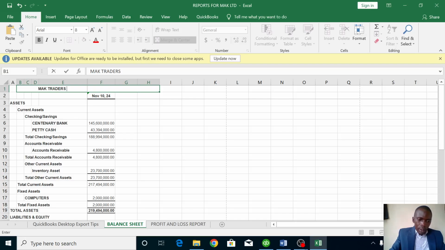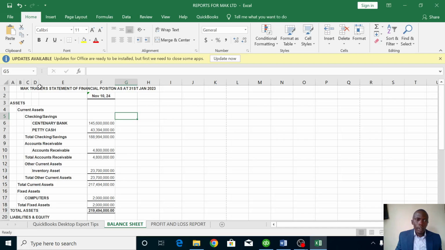Mark Traders statement of financial position as at 31st of January 2023. Now we are done with this one.